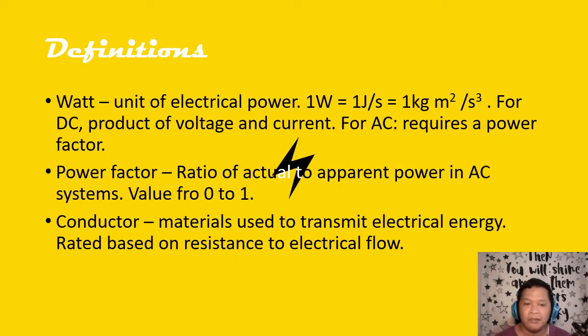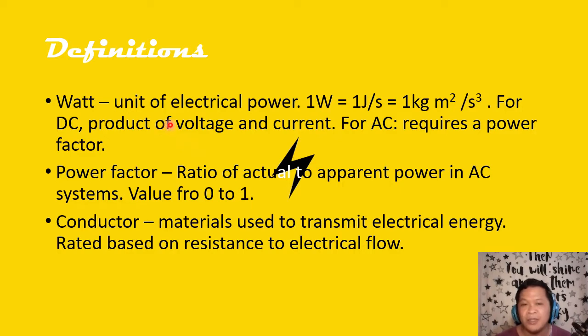Okay, we also have the watt, which is a unit of electrical power equal to 1 joule per second, energy per unit time. Okay. Also, ang base SI niya is 1 kilogram meter squared per second cubed. So, for direct current, this is usually the product of the voltage and the current.